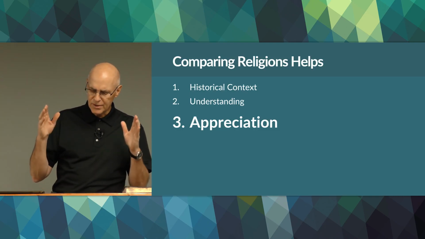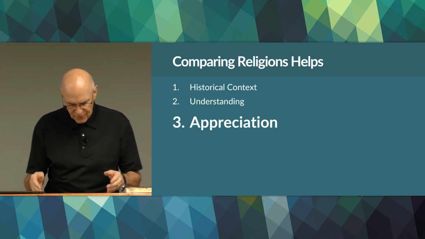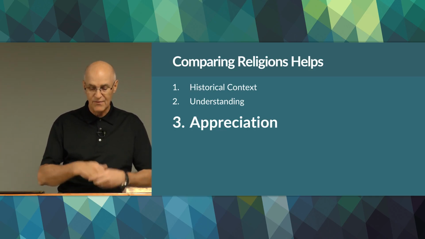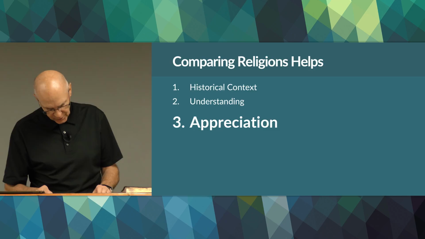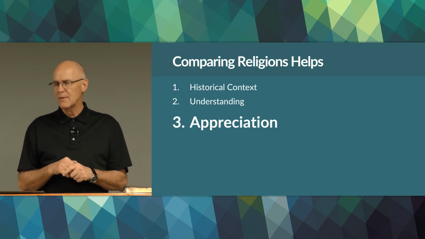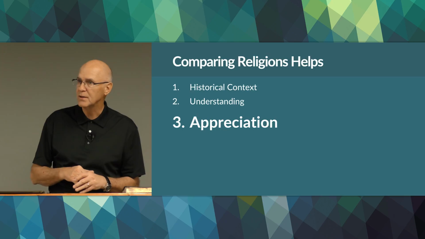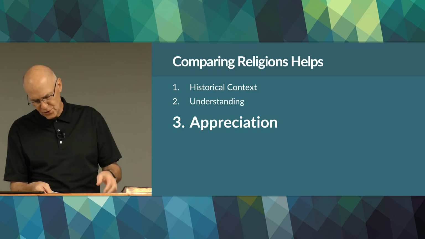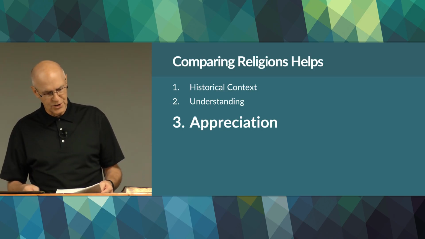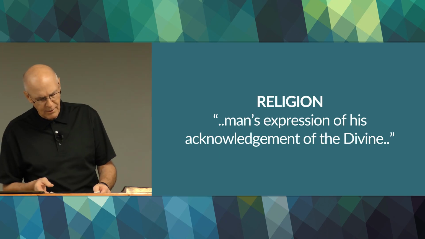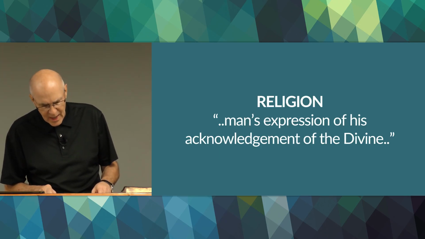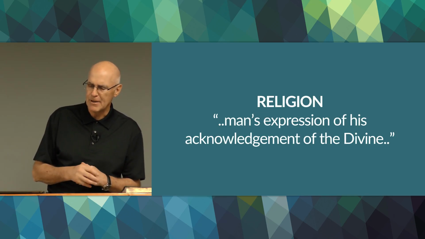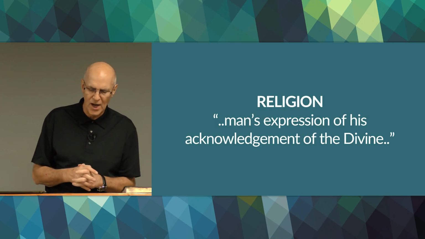All right, when we are studying or speaking of the religions of the world, a lot of people think that there are literally hundreds of different religions, even thousands of groups and beliefs in the world, when in fact there are really only about a dozen organized religions, if you include also what's called primitive religions. The dictionary defines religion as man's expression of his acknowledgement of the divine.